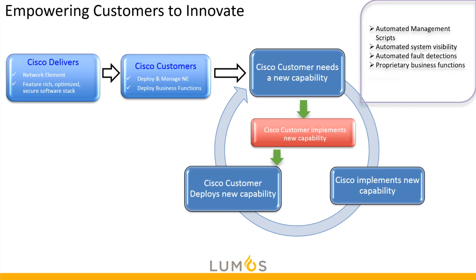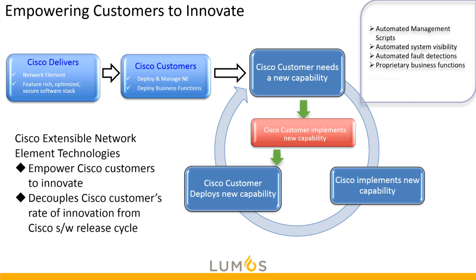And this is exactly what we're talking about now. So with this extensible network element technology, Cisco now empowers the customers to innovate and create their own automation, to create their own features that can then turn into immediate returns to that business.